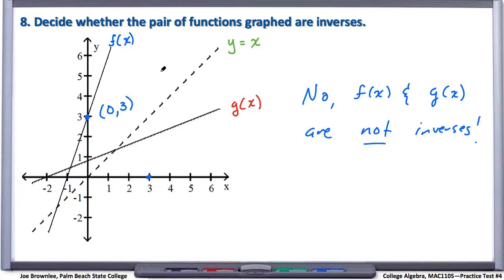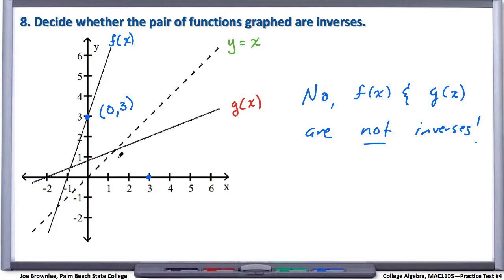Again, what inverses really mean is that the domain of your f function, the x's from the f function, become the y's of the g function, and the y's of the f function become the x's for the g function. So your domain and range are swapping. The point (0, 3) is on the f of x line.